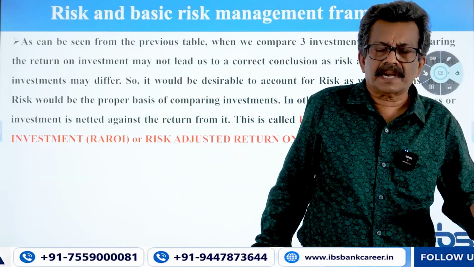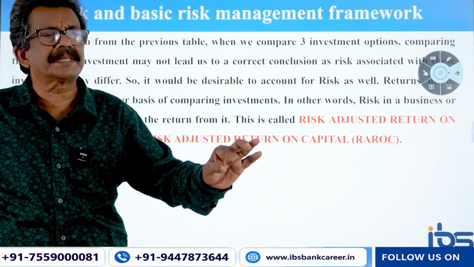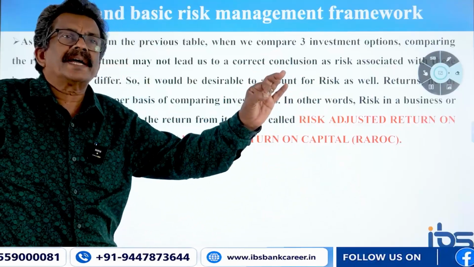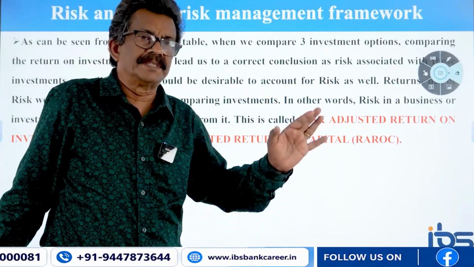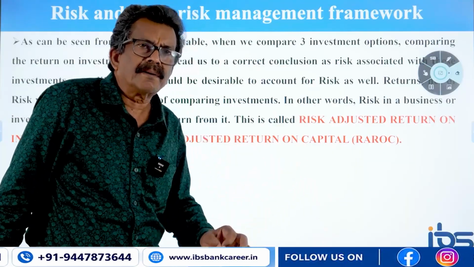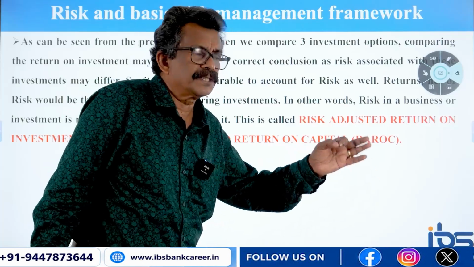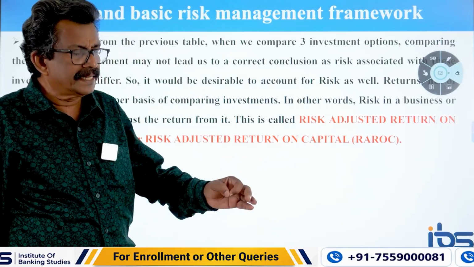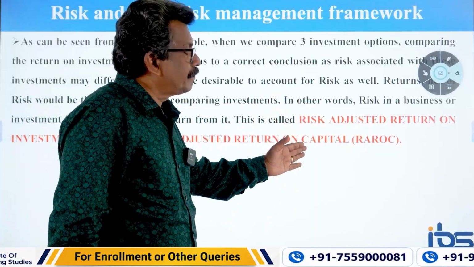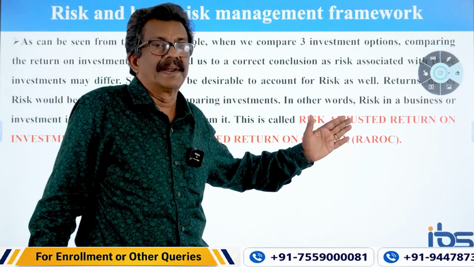Even after accounting the risk factor, you have come out with a certain percentage of risk adjusted return, which is the actual return recorded by the business. Without disclosing that factor, you cannot come to a conclusion that this unit has derived this much profit, unless this risk factor is factored. So that is the importance of risk adjusted return on capital.